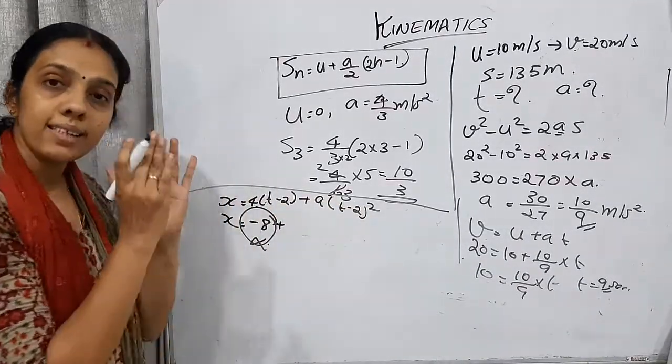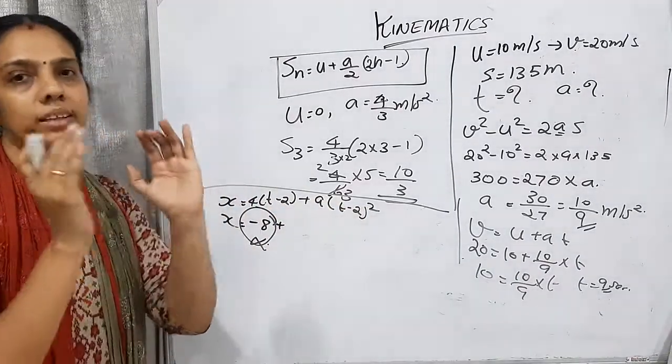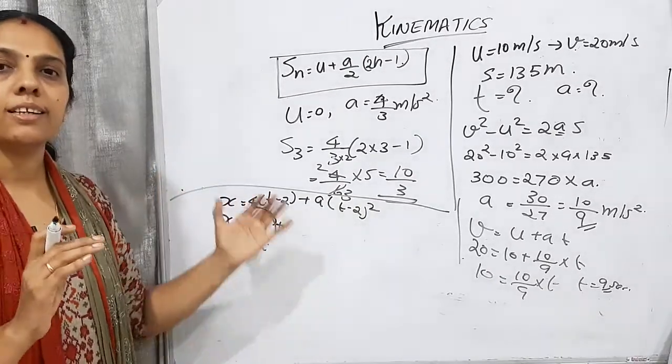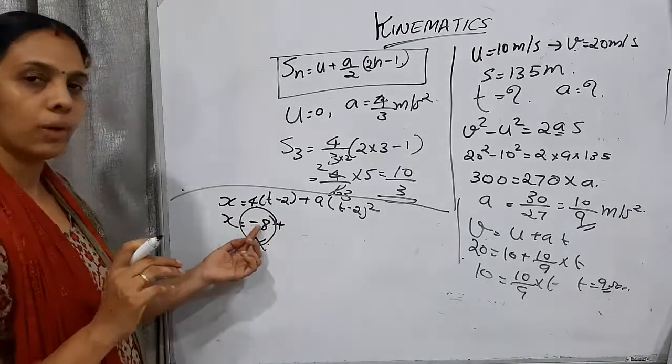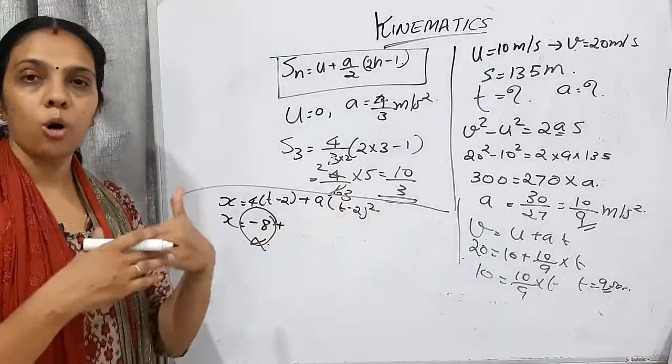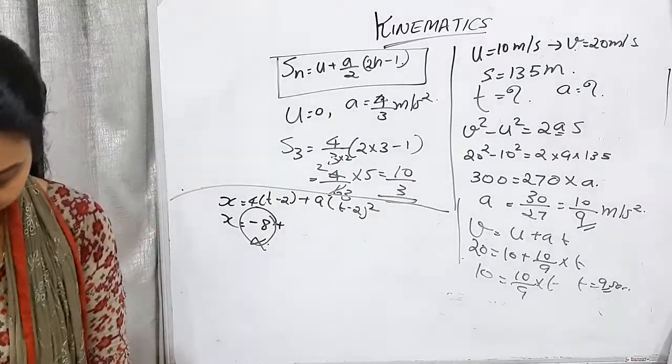If the answer we get is 0, then we can understand that the particle is at the origin. But here we are getting minus 8. One term already gives minus 8, so there is no need to go for the next one. That option we can eliminate.